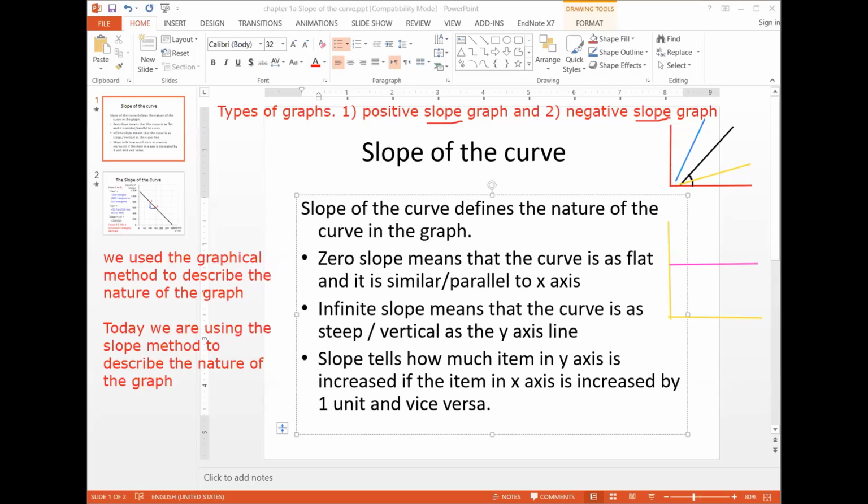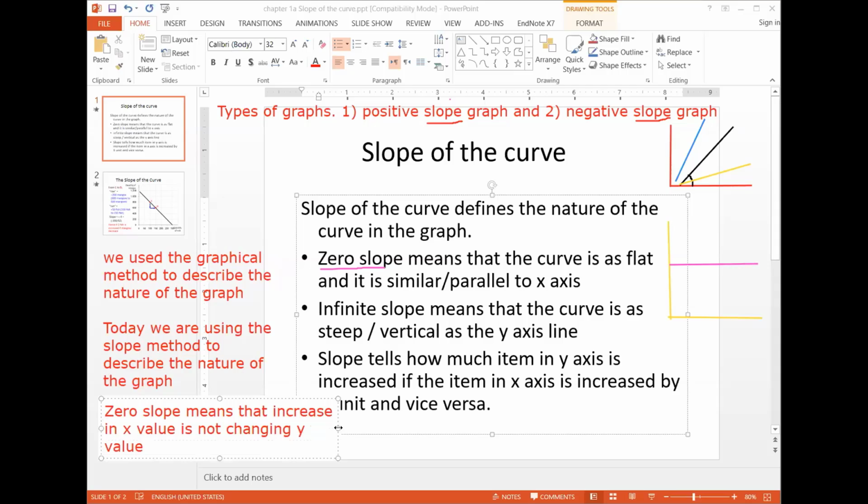This is how we describe a zero slope. Another meaning of zero slope, let me write it here so you can read it out: zero slope means that an increase in x value is not changing the y value.